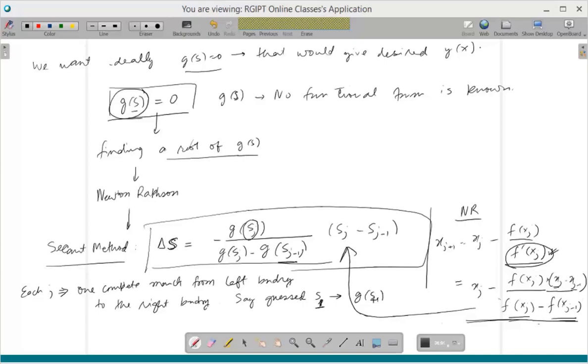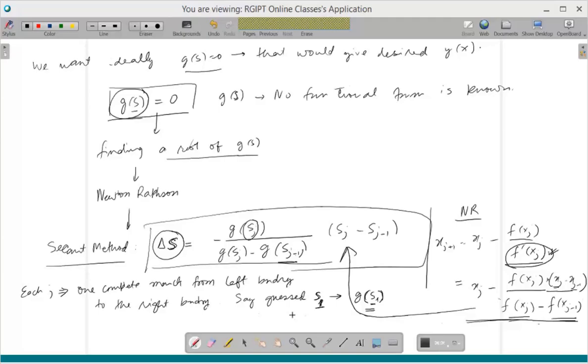Now, is that enough for me to give me G at S2, or do I still not know how I'm going to update S1? My first slope was S1, and by doing this calculation it's actually still not sufficient for me to be able to update the S value. Even though I know G of S1, I do not know delta S until I know two G values from two consecutive iterations.